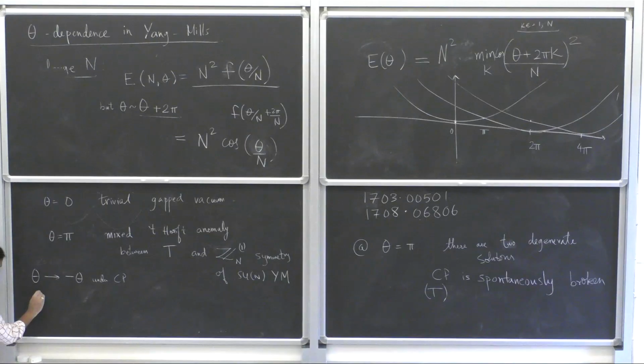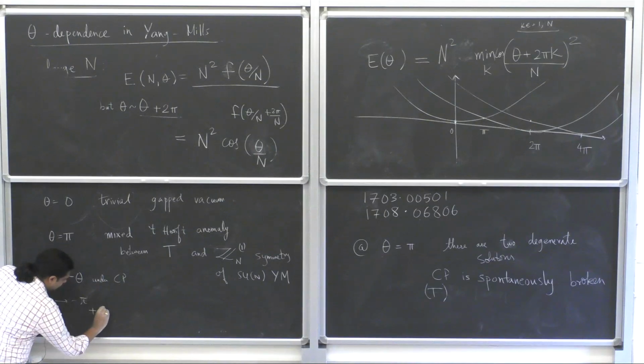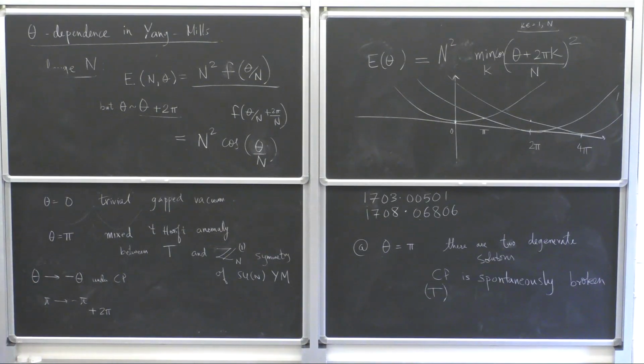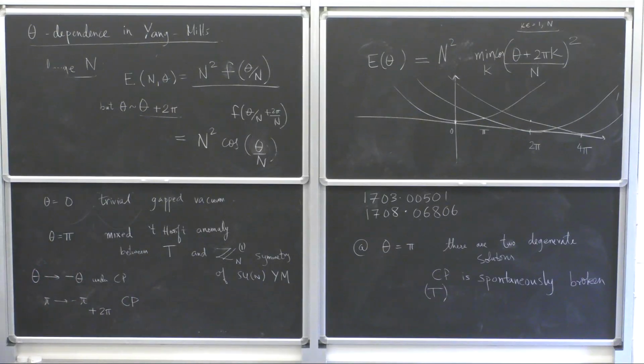At theta equals pi, pi goes to minus pi, and the theory is periodic in theta, so you can do theta going to minus theta plus a 2 pi shift and go back to the original theory. And so at theta equals pi, CP is also a symmetry, but there's an interesting theta to theta plus 2 pi shift that's associated with showing that theta equals pi is CP conserving.